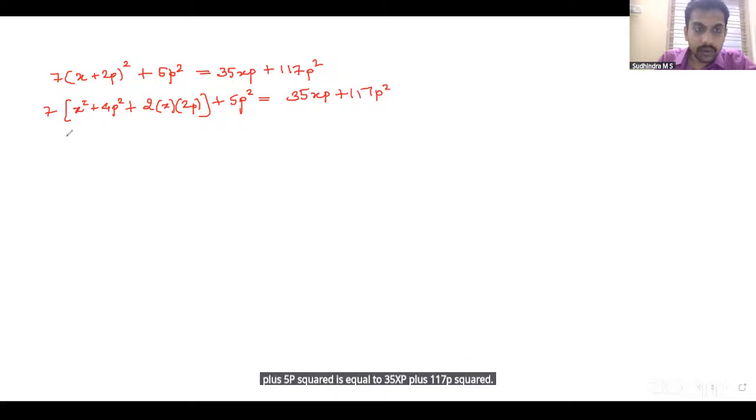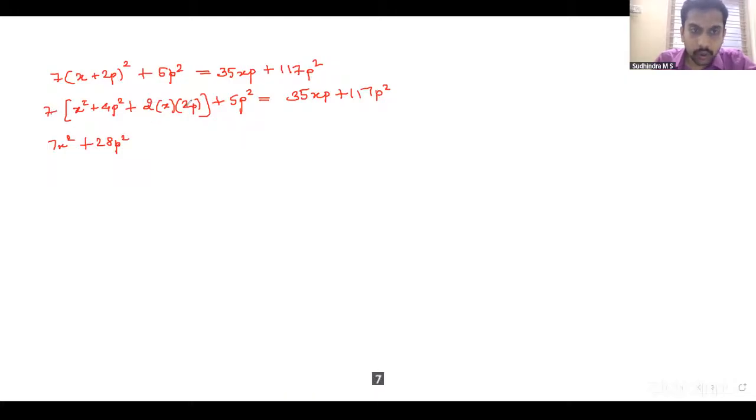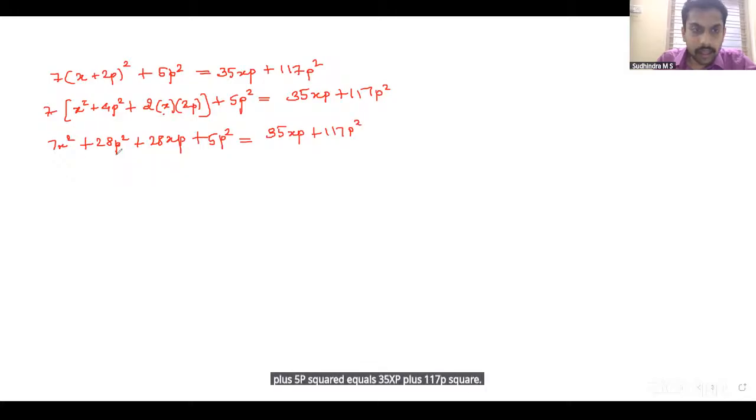Plus 5p square is equal to 35xp plus 117p square. 7 into x square is 7x square. 7 fours are 28p square. 7 into 2, so 2 into 2 is 4, 4 into 7 is 28, xp, plus 5p square equals 35xp plus 117p square.